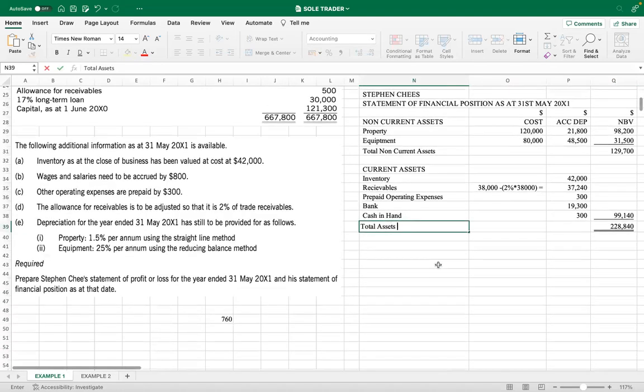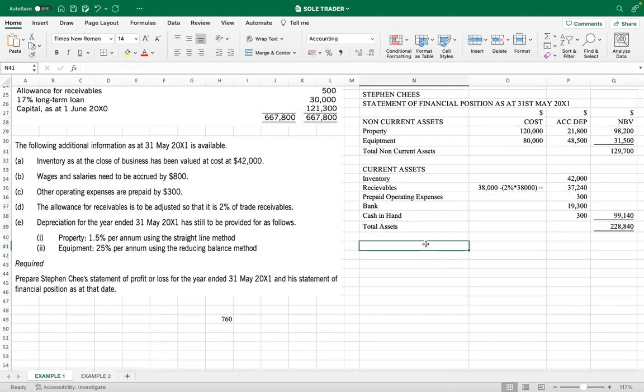So our total assets is 228. Now, once you are done with the total assets, you go to capital and liabilities. In other words, financed by capital and liabilities. I'll start with capital, or let me just call it equity.